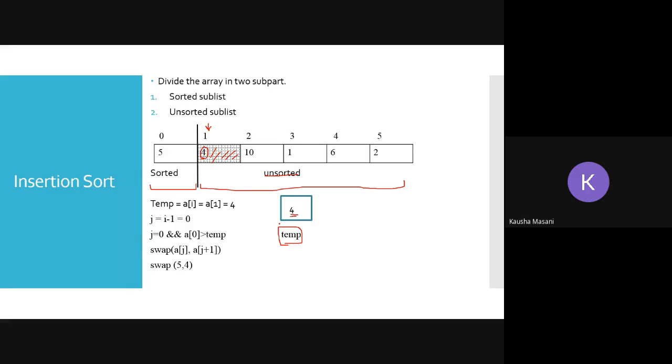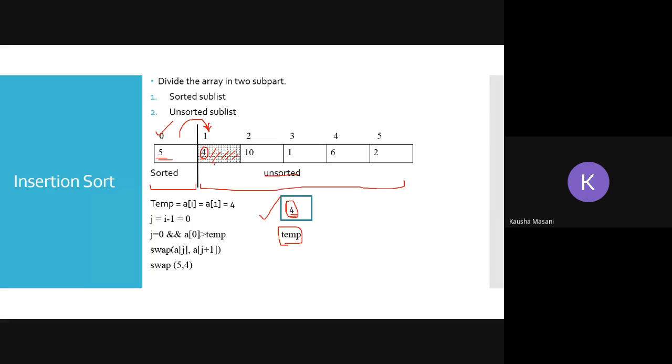Now you compare this temp with the value at the last index of your sorted array. As it is the only one here, you compare with the 0th index of your sorted array. If this number is greater than your temporary number, which in our case is true, 5 is greater than 4, you shift the position of 5 one index to the right.